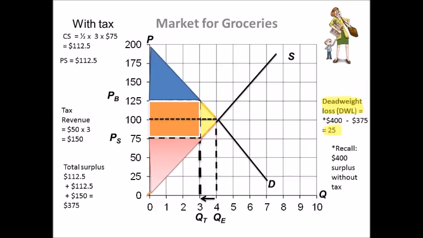As you probably already know, this is the fall in total surplus that results from a market distortion, like in this case, tax. See the highlighted color in yellow? This is the DWL and it is 25. It is the difference from total welfare or surplus without tax of $400 to total welfare with tax of $375.